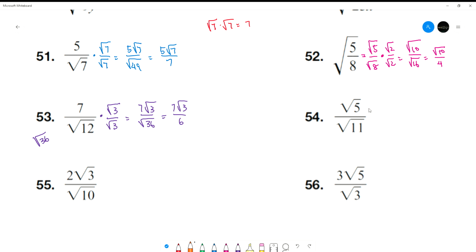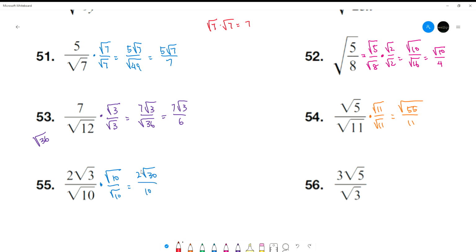Next, we have root 5 over root 11. This one is just radical 11 over radical 11. So radical 55 over 11. Remember, radical 11 times itself is just 11. So this one is just radical 10. So we get 2 radical 30 over 10.